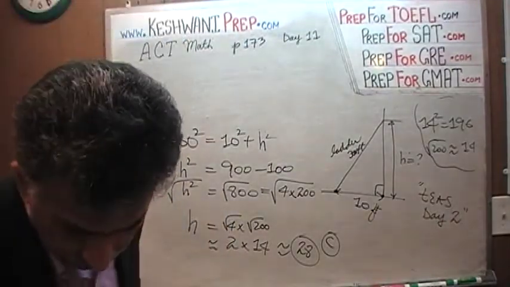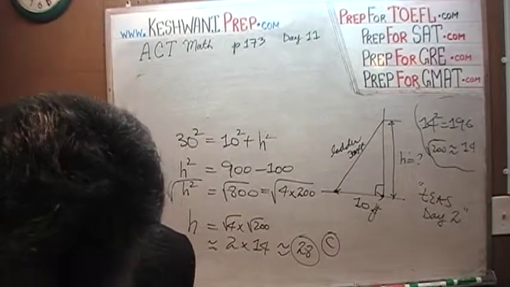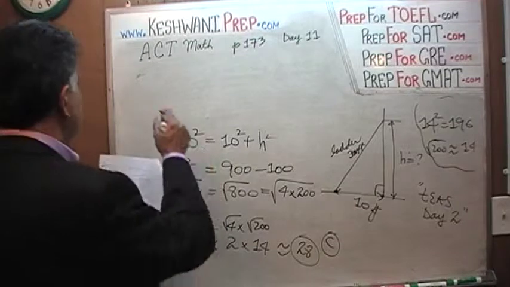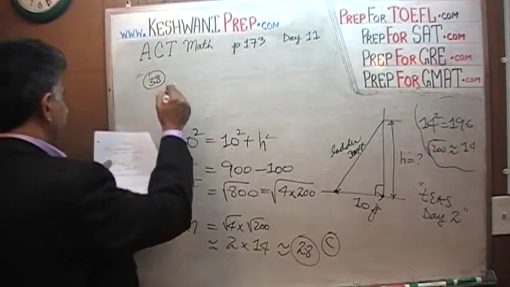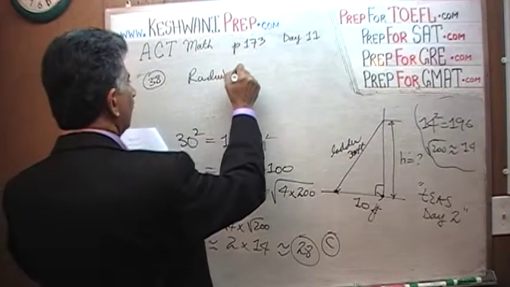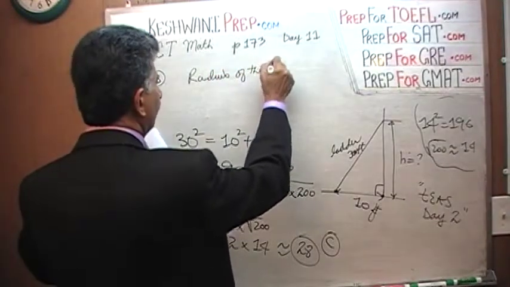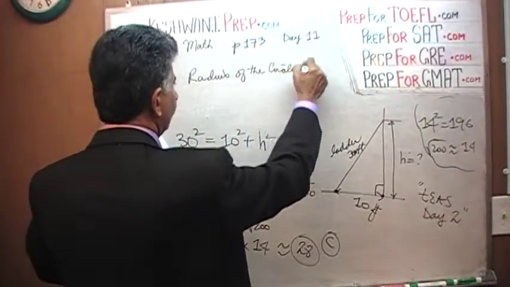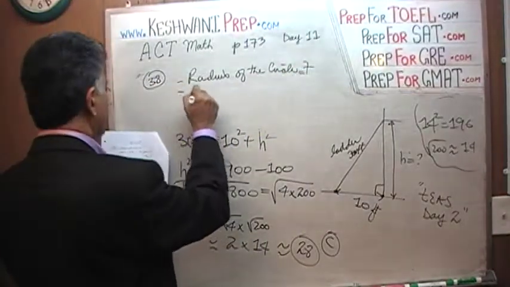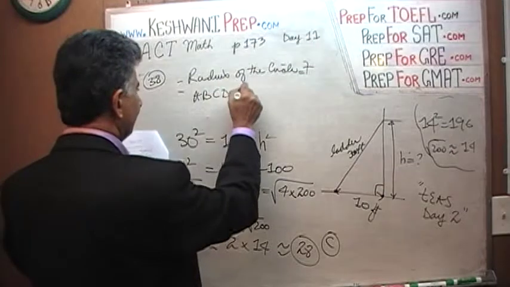Let's continue. Enough of the talk. We are on problem number 38. In problem 38, we are told that the radius of the circle is 7. And we are also told that ABCD is a square.